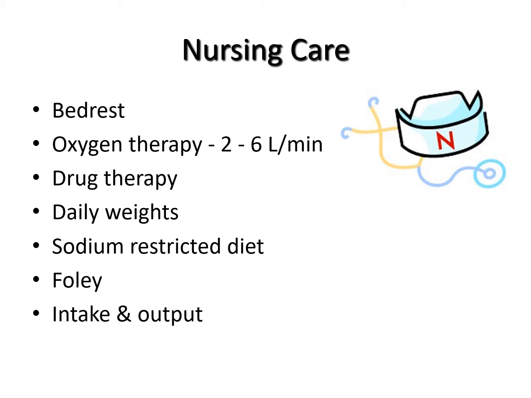We don't want them to be in a fluid volume excess situation, because that fluid is increasing preload, increasing the work on the heart that's already struggling, and it will simply back up into other areas where it doesn't belong.